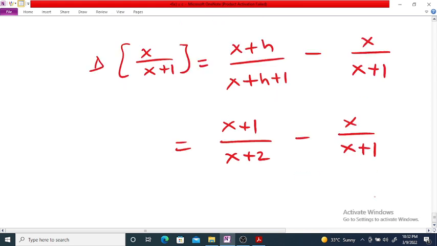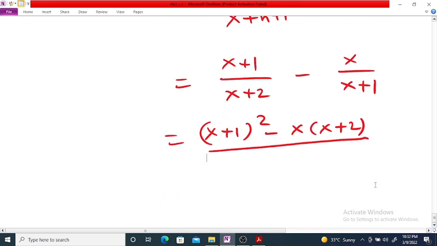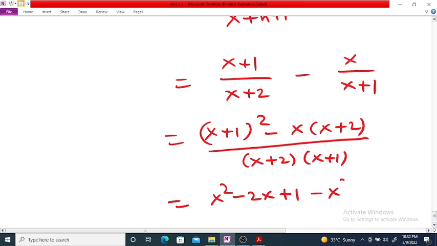So here if we multiply, this is nothing but x plus 1 bracket square minus x into x plus 2, divided by x plus 2 into x plus 1. So this is nothing but x square plus twice x plus 1 minus x square minus twice x.